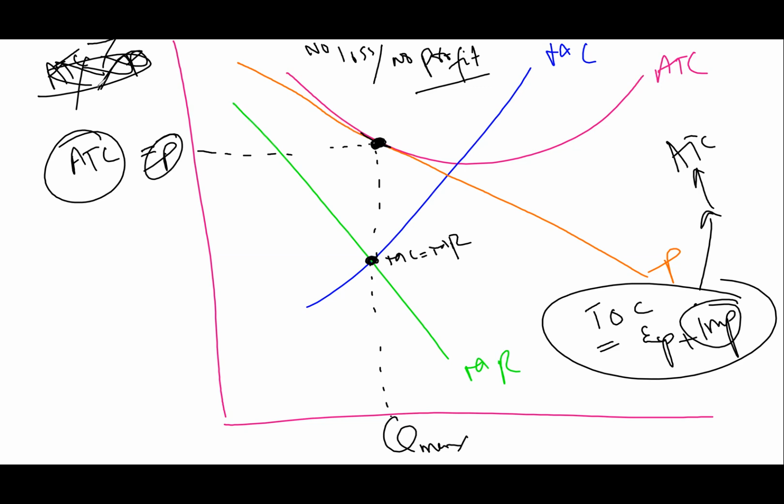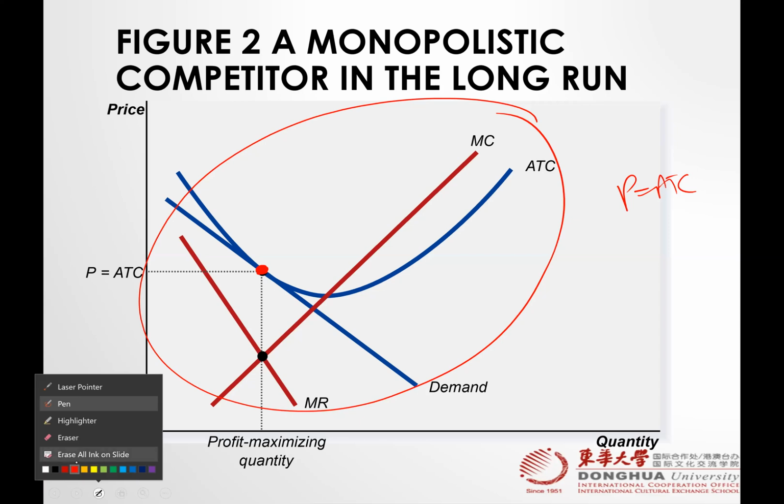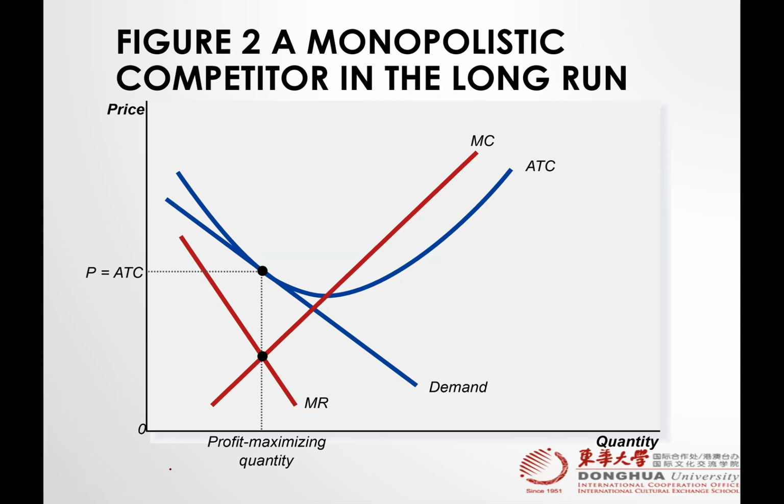Right? So let me share the PPT. Here we go. This is a very nice diagram. Only those firms will stay in the market when price is equal to average total cost. Now compare this analysis with the long run perfectly competitive market. This is a little bit different.